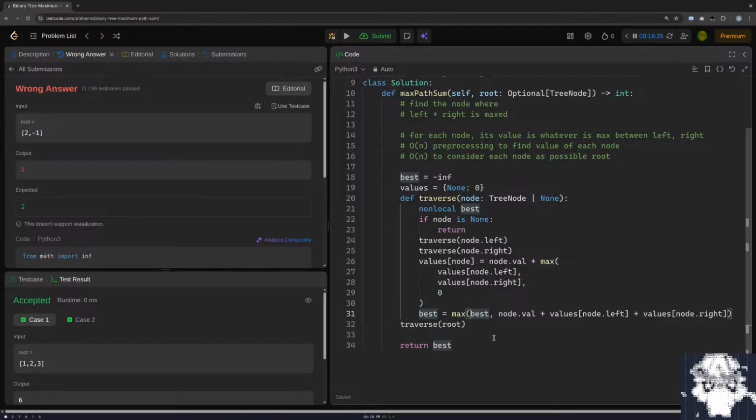Okay. Once I'm considering you as the root, I think the other way to say that is you can go down neither. How do I say that? It's kind of like I took 2 as my root and I didn't go down either side.